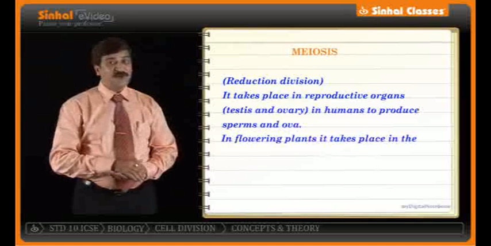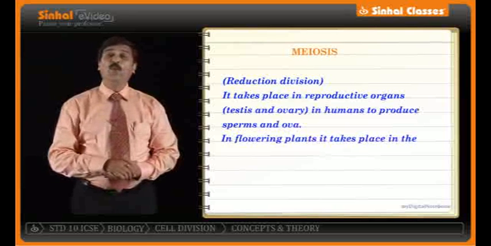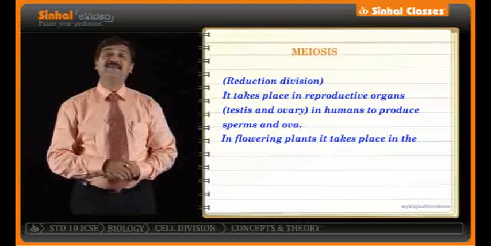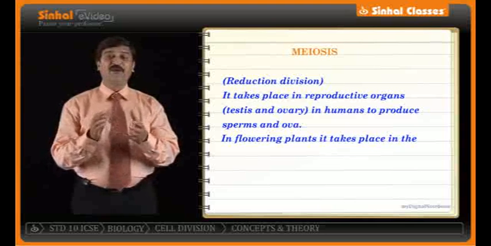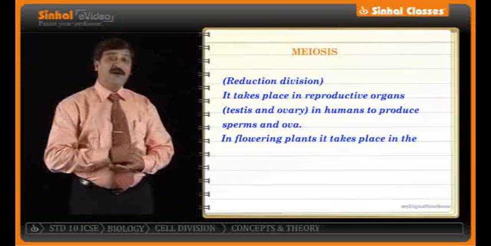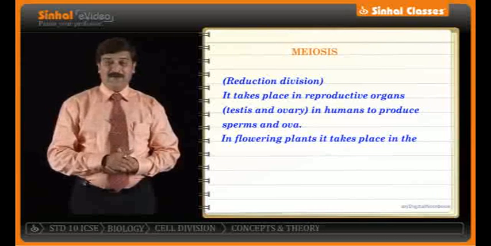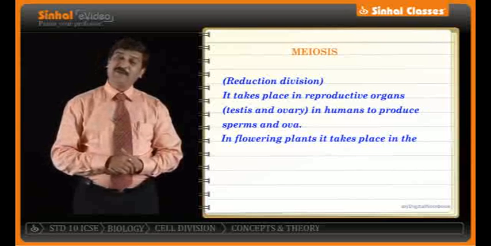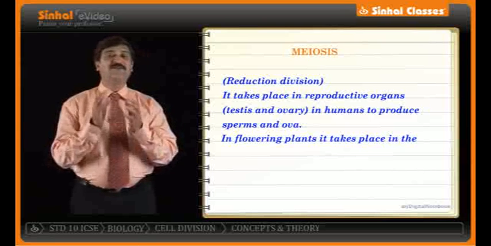When we are talking in terms of humans, we'll have to once again mention that the testes and ovaries produce sperm and ova. We'll also make a passing reference to flowering plants.